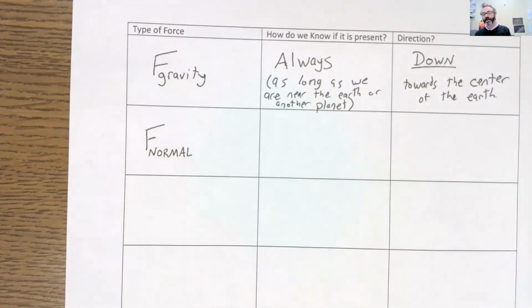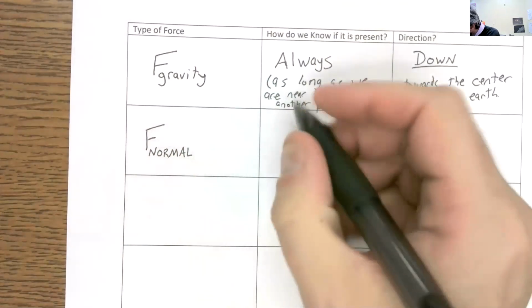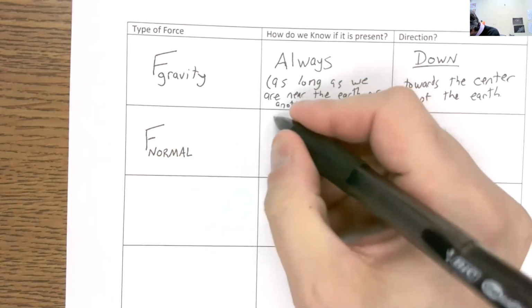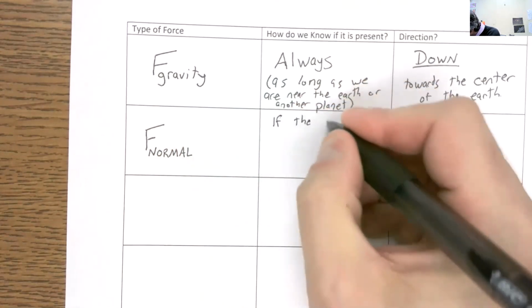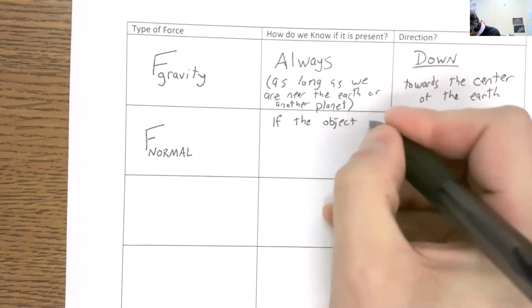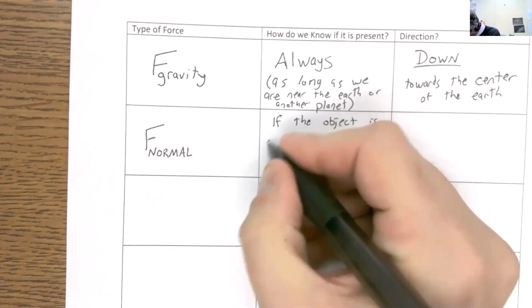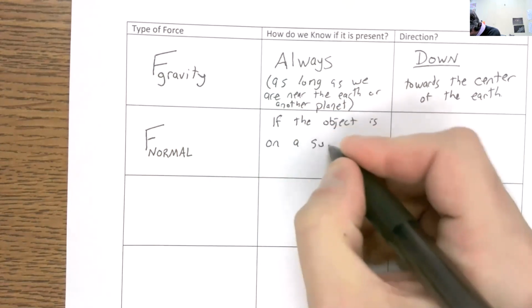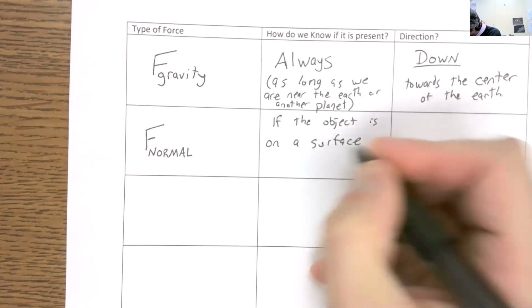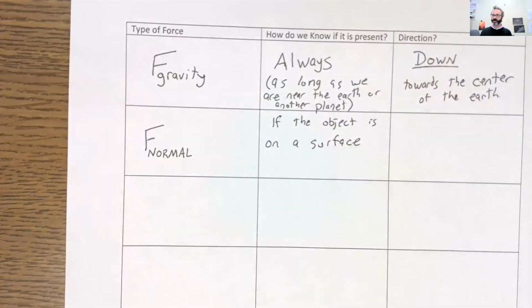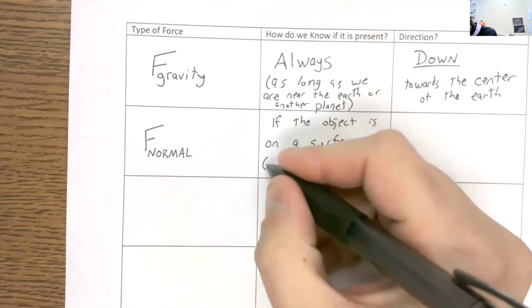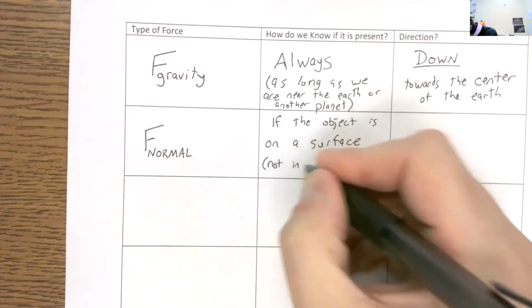Right, so if the object is sitting on a surface, on a floor, on a table, or on something else, then there's going to be a normal force. The only time it wouldn't be on a surface is maybe if it's flying through the air or something like that. So I'll put in parentheses, not in the air.